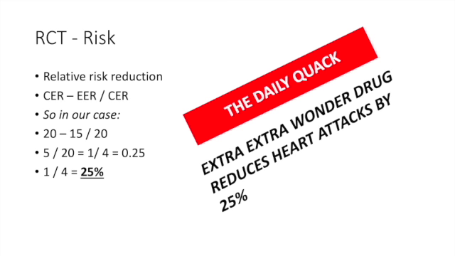Now, suddenly, with a bit of manipulation, you've then got a very good news article: a wonder drug reduces heart attacks by 25%, whereas actually it is a relatively small reduction in rate, 20 to 15%, that is suddenly being re-reported. And so the relative risk reduction is often what the media will pick up to sell an article and get people to engage with the headlines. So just be very cautious of what they're actually reporting.